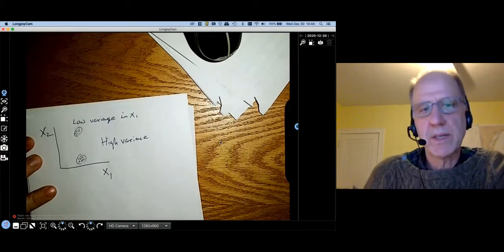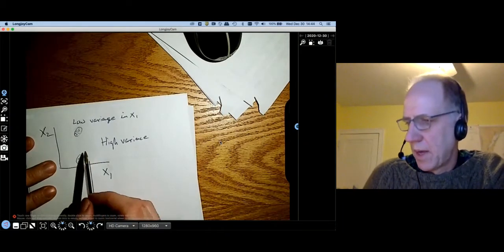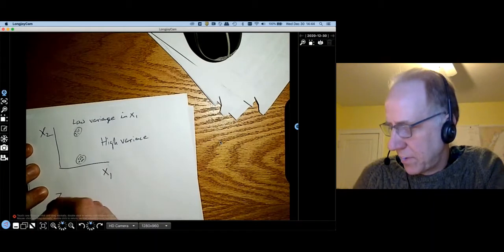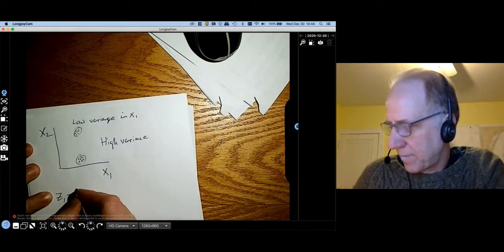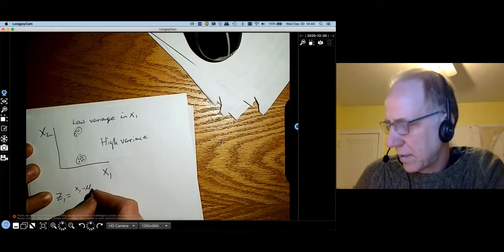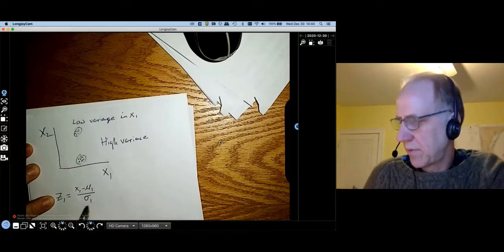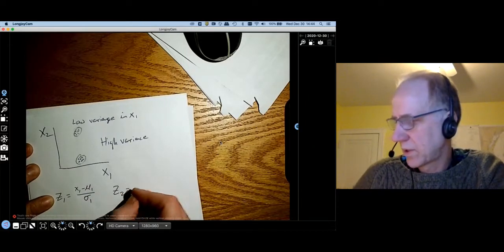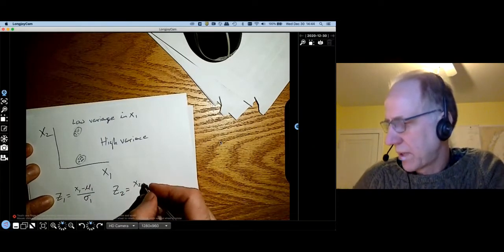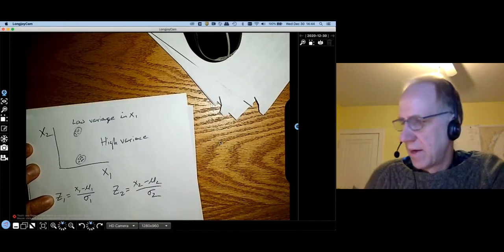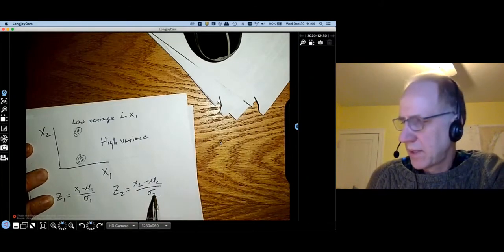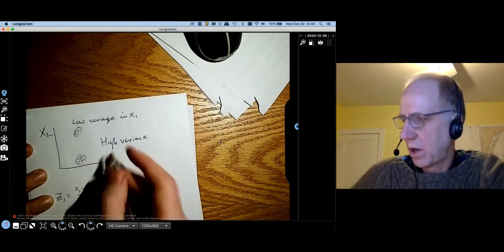But what happens when I standardize? Well, z1 will be x1 minus the mean divided by its standard deviation. z2, of course, is the same thing, replacing 1 by 2. Now what's going to happen is sigma 2 is large.